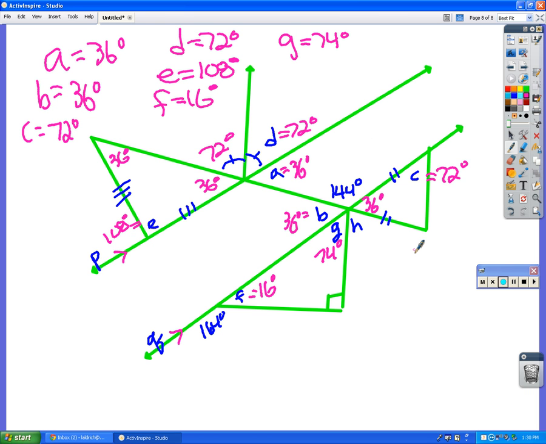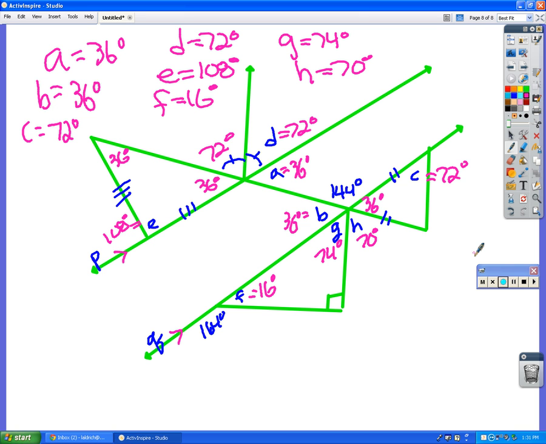And then finally that leaves 70 for H because 36 and 74 makes 110, and 180 minus 110 is 70. And I think that's it, right? That's right.